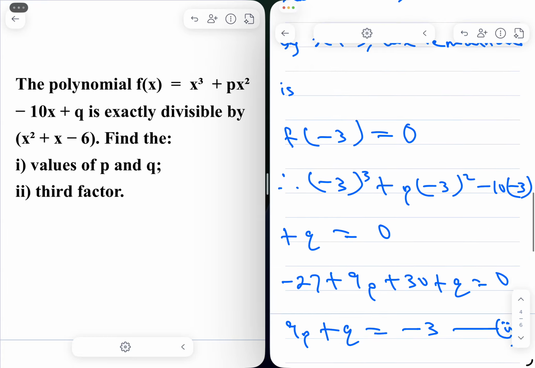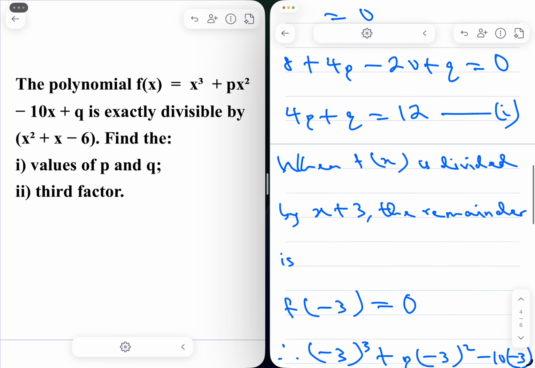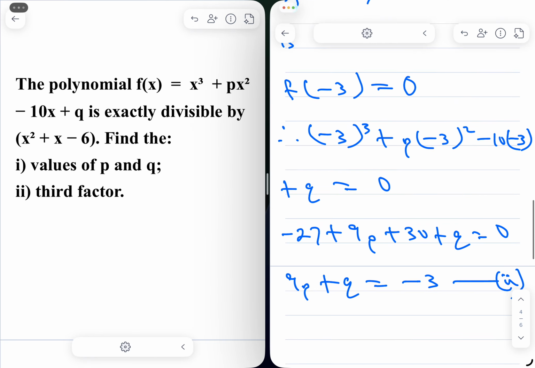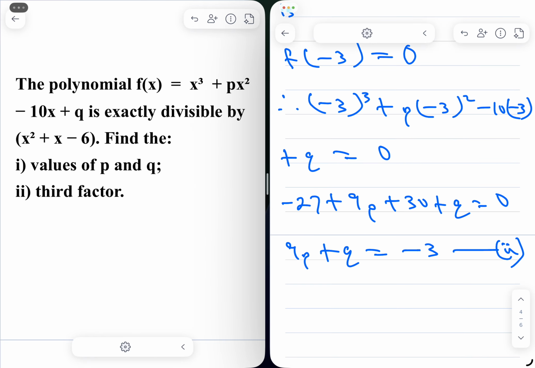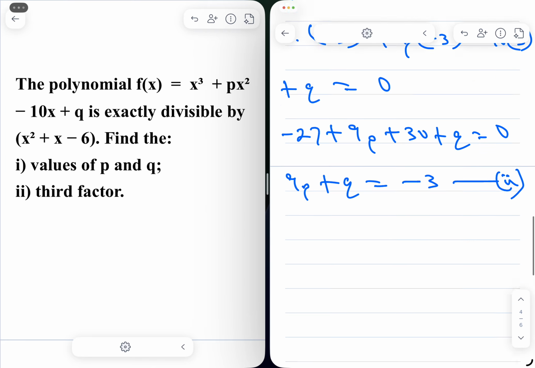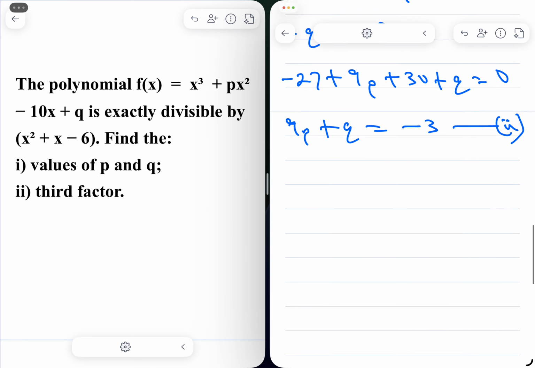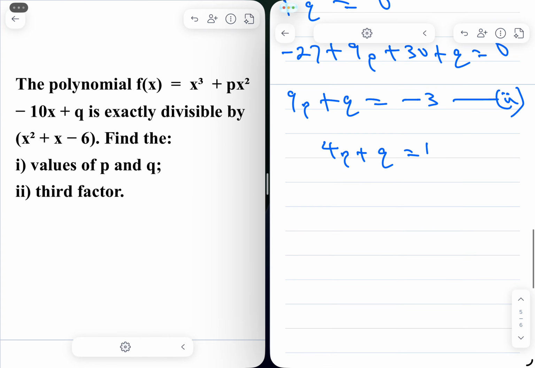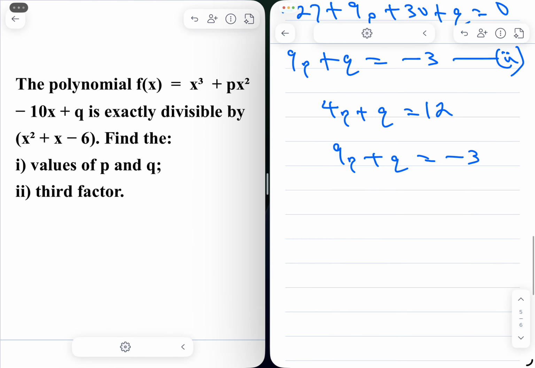So now we can solve equations 1 and 2 simultaneously. Equation 1 is 4p plus q equals 12, and equation 2 is 9p plus q equals minus 3. Now what do we do?